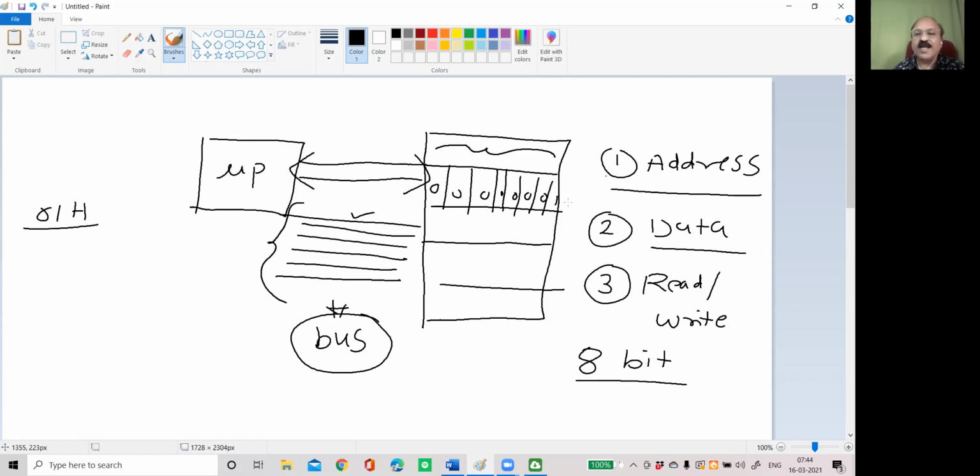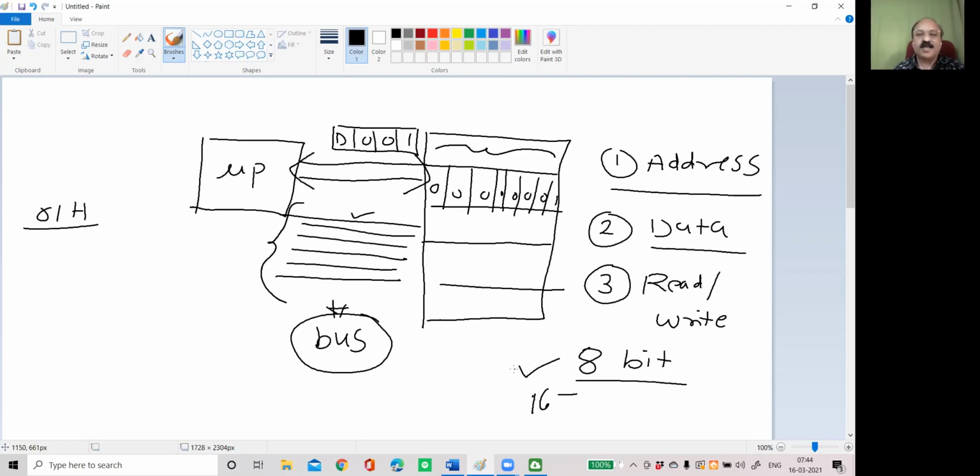What is the width? 8-bit width. But the address of a memory location is of 16 bits, like D001H. How many bits are there? 16 bits. Therefore, to carry such an address, 16 wires are required.